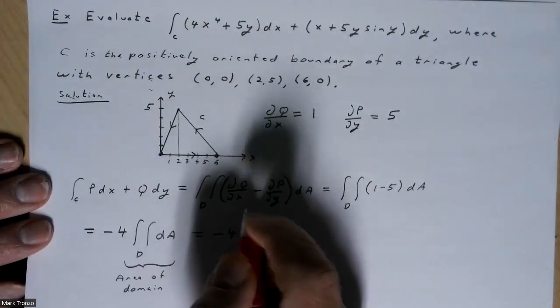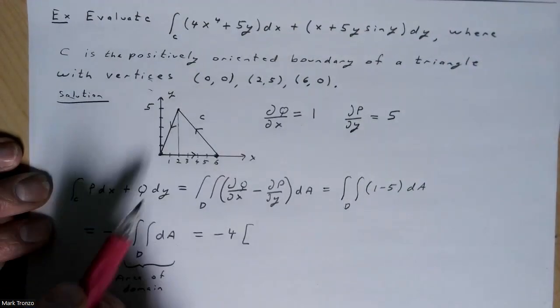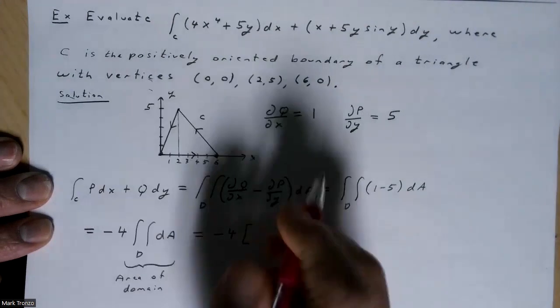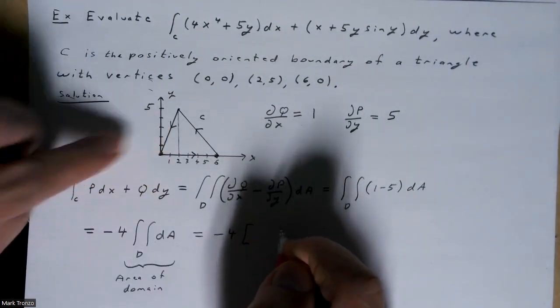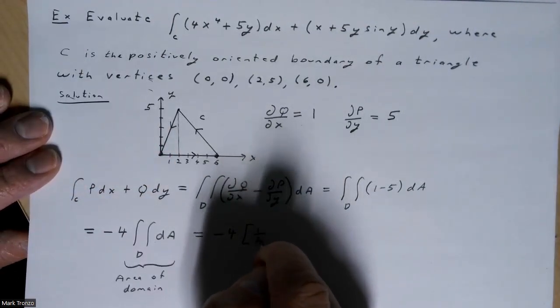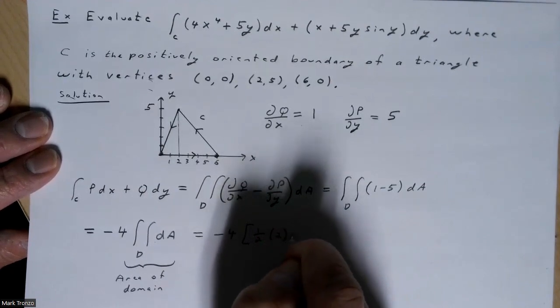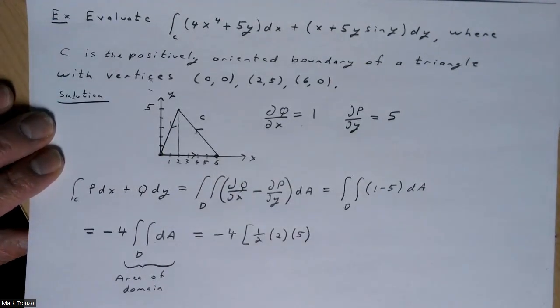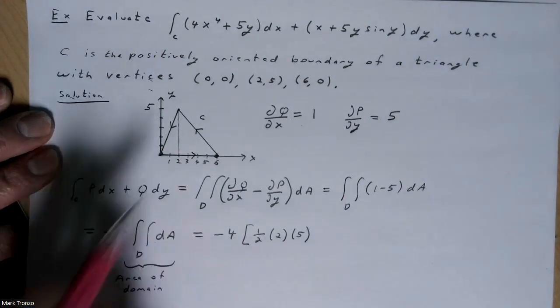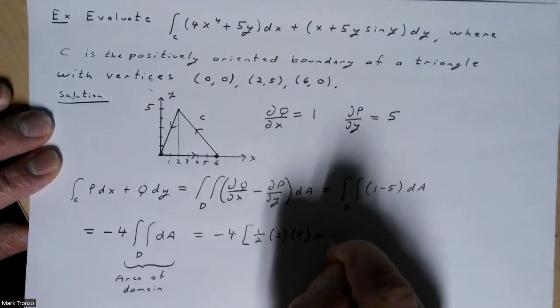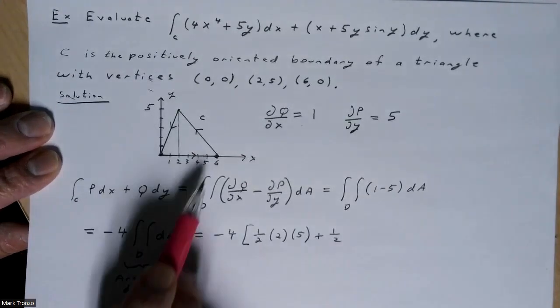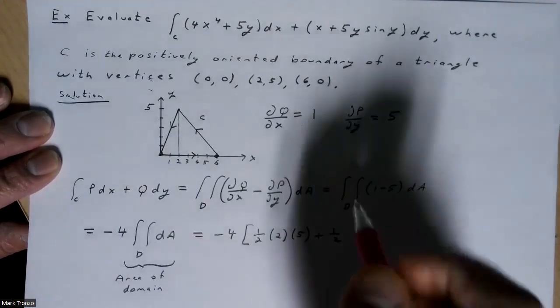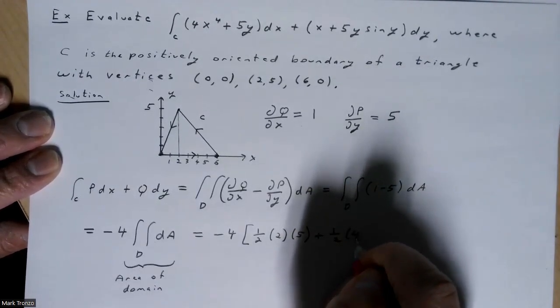So this first triangle here, the base is 2 and the height is 5. So 1/2 base times the height. And then for this little triangle over here, the base is going to be 6 minus 2, which is 4.